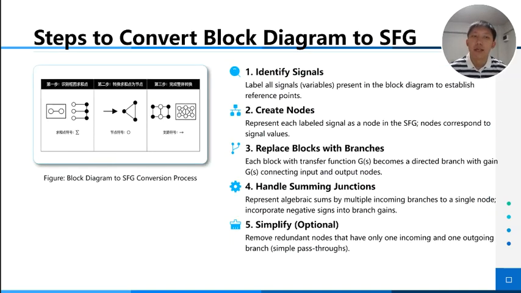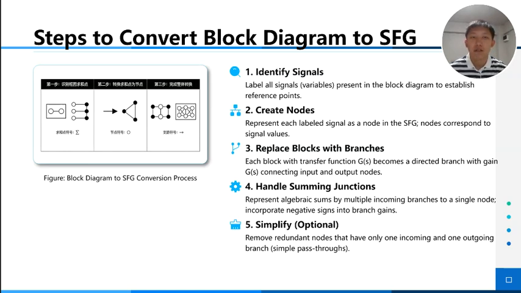Converting a block diagram to an SFG involves 5 key steps. First, identify all signals. Second, create a node for each signal. Third, replace each block with a branch carrying its transfer function.